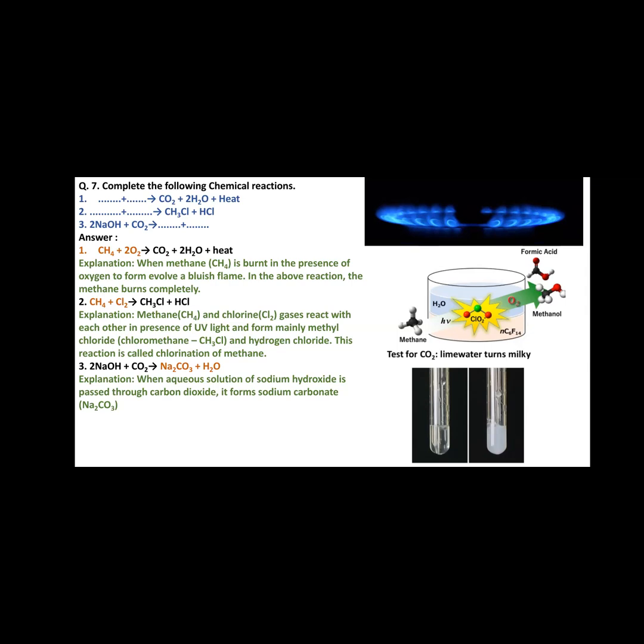That is CO2, H2O, and heat. So what two reactants react with each other to form carbon dioxide, water, and heat? Answer is CH4 plus 2O2. CH4 plus oxygen actually gives carbon dioxide, water, and heat.